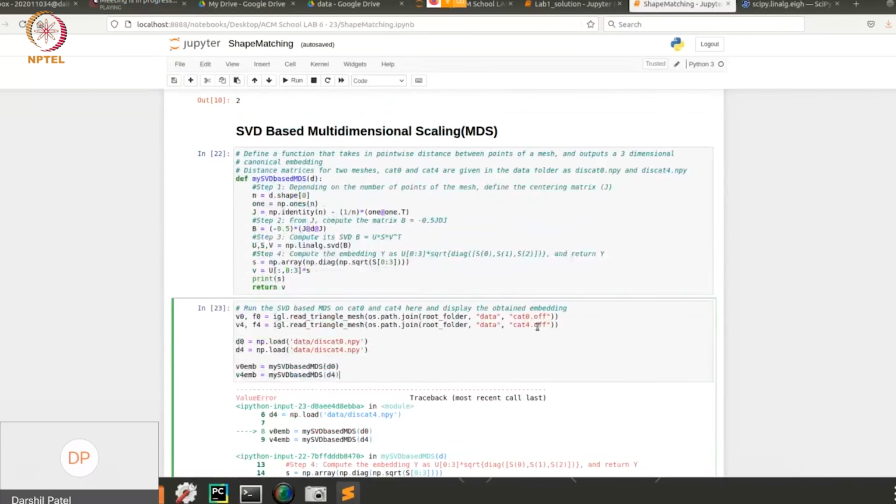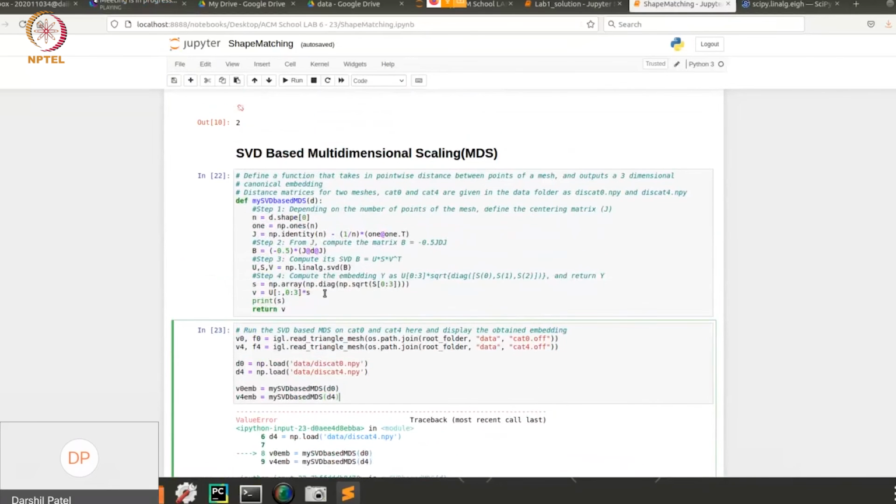So here, what I did, this is our J matrix, identity minus 1 1 transpose.